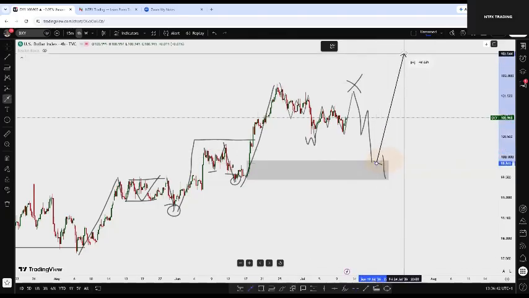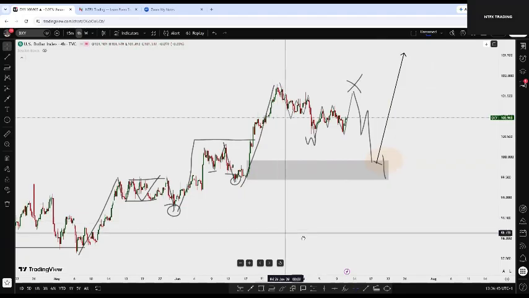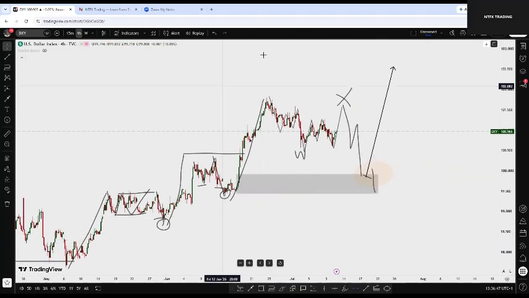In every impulse, there must be a corrective structure, so your job is to analyze the corrective structure that follows. The better you are at analyzing corrective structure, the better your analysis will be. But if you cannot understand corrective structure and how to pair them together, your analysis will not really make sense.